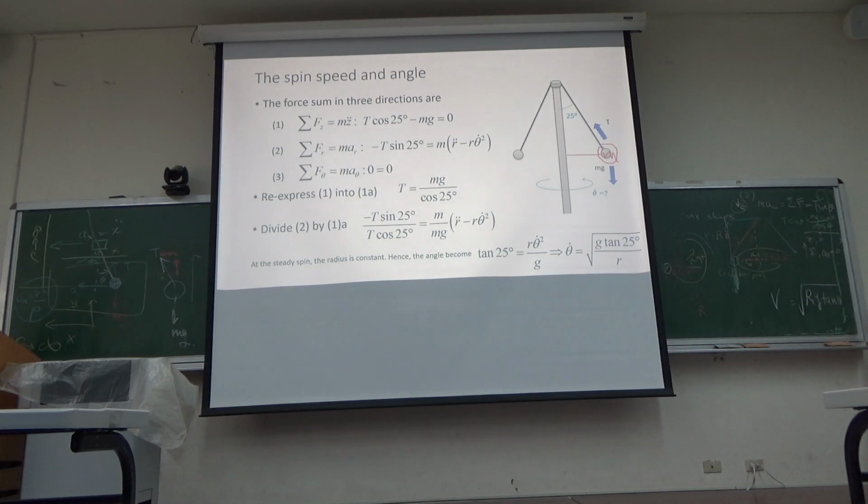What's the motion? This is your radial motion. It is going round. Then this is your circumferential. And it is going up.